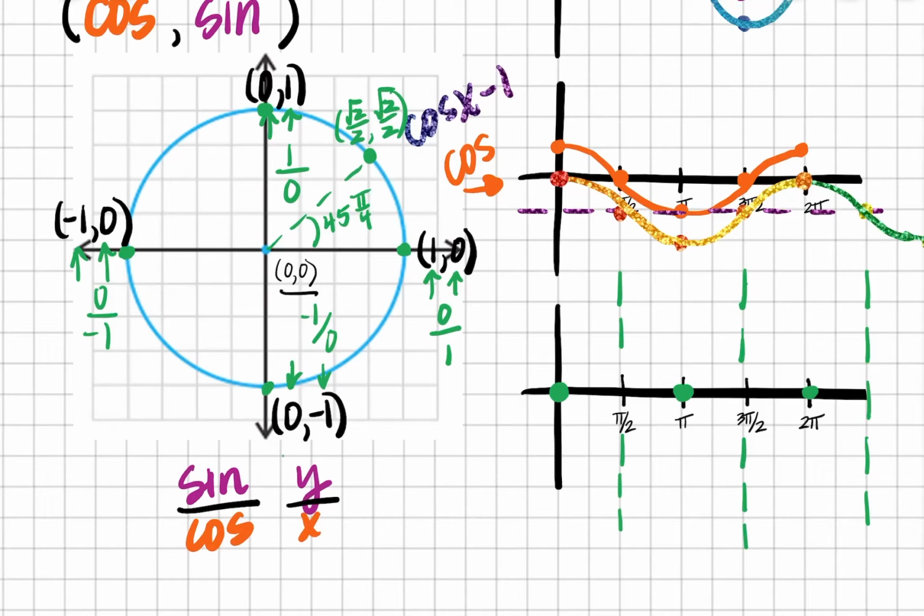So just thinking through, what is y divided by x? It's 1. And then if I look at this same exact coordinate in this quadrant, I know it's still radical 2 over 2 and radical 2 over 2, but now my cosine is going in the negative direction, so that makes my tangent -1.